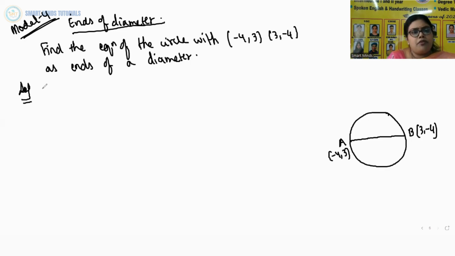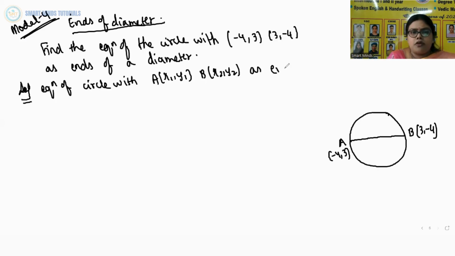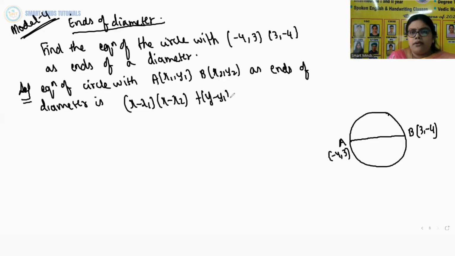So first let me give you the concept. Equation of circle with A x1 comma y1, B x2 comma y2 as ends of diameter is, formula is, x minus x1 into x minus x2 plus y minus y1 into y minus y2 is equal to 0.